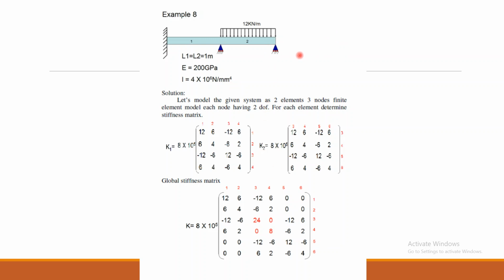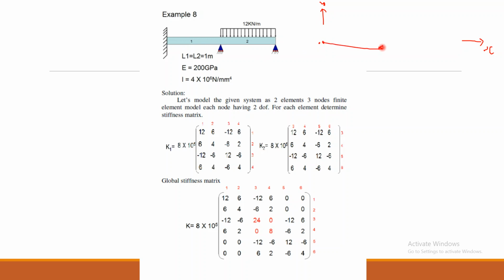This is the actual problem. If you want to go through the FEM formulation, the first step is discretization, where I am going to consider the axis first. This has x and here it has y, and I am going to take only two elements right now.